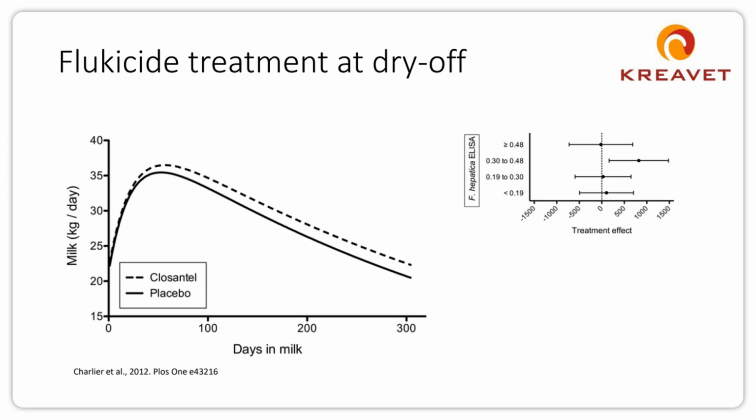Also here, if we go for individual treatment, we saw that the production effects were mainly in the positive animals on individual milk ELISA. However, in the very high positive animals, there was also no production effect. We don't know the reason. Maybe it's because the disease is too far advanced or too chronic in these animals. We don't know. It's just an observation.